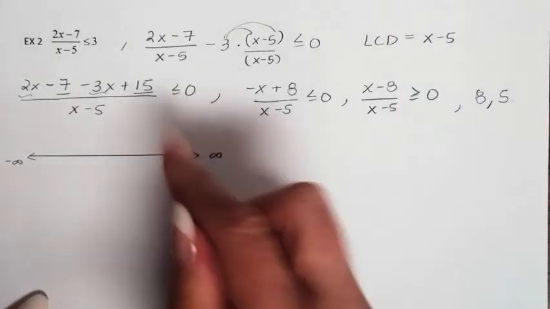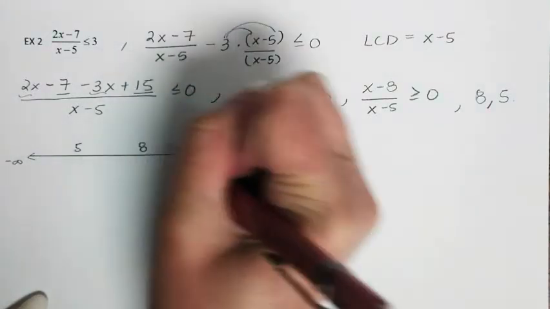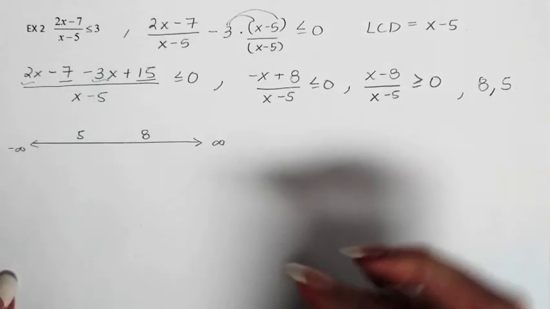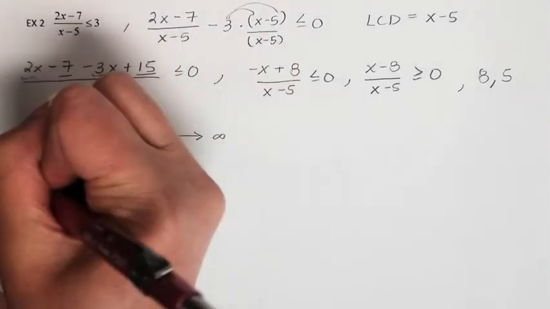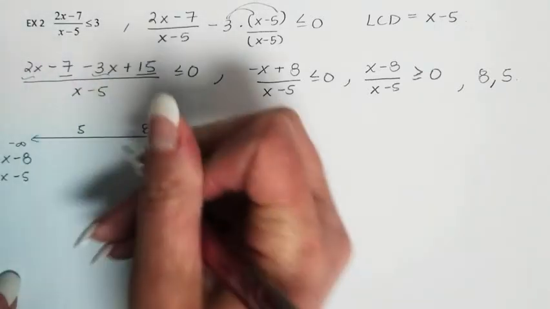So obviously we're going to write my 5 here first and then your 8. And then you put your factors here. So your factors are x minus 8 and x minus 5.